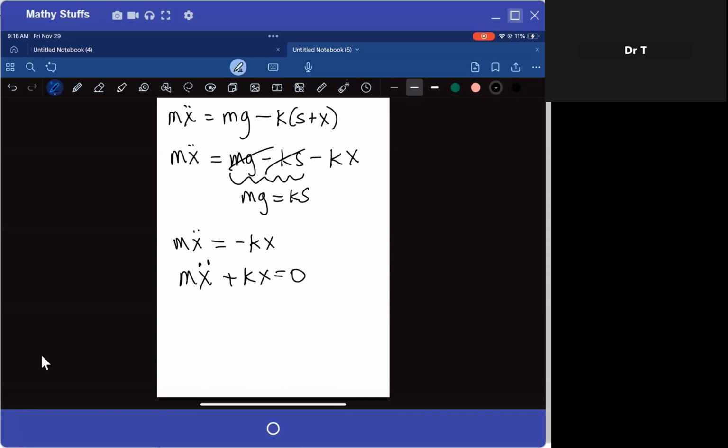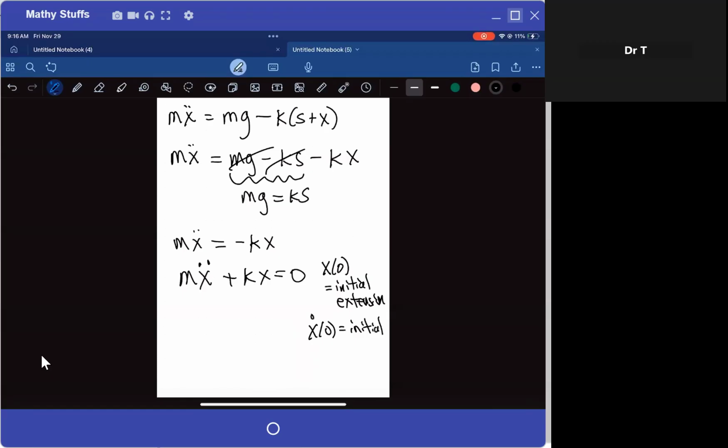And there's some initial conditions that come with this. We can say x at time 0 is the initial extension. That's how much I pull it away from equilibrium or compress it. If this quantity is positive, that's an extension downward. If this quantity is negative, I've pushed the spring up past equilibrium. And then we have x dot at 0 equals the initial velocity.